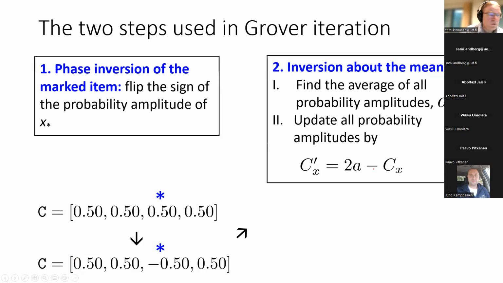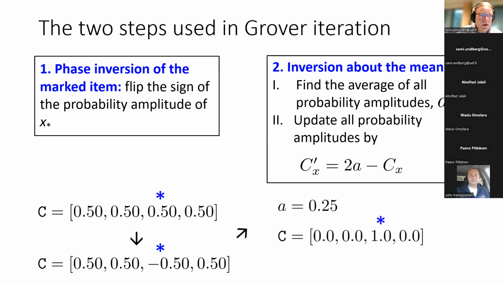So to use this example again, we find that the average of the probability amplitudes is 0.25. And now if we simply apply the formula that I showed there, what you will see is that all the other amplitudes, apart from the one that we were searching for, get zeroed out, and the one that we are searching for gets to equal 1.